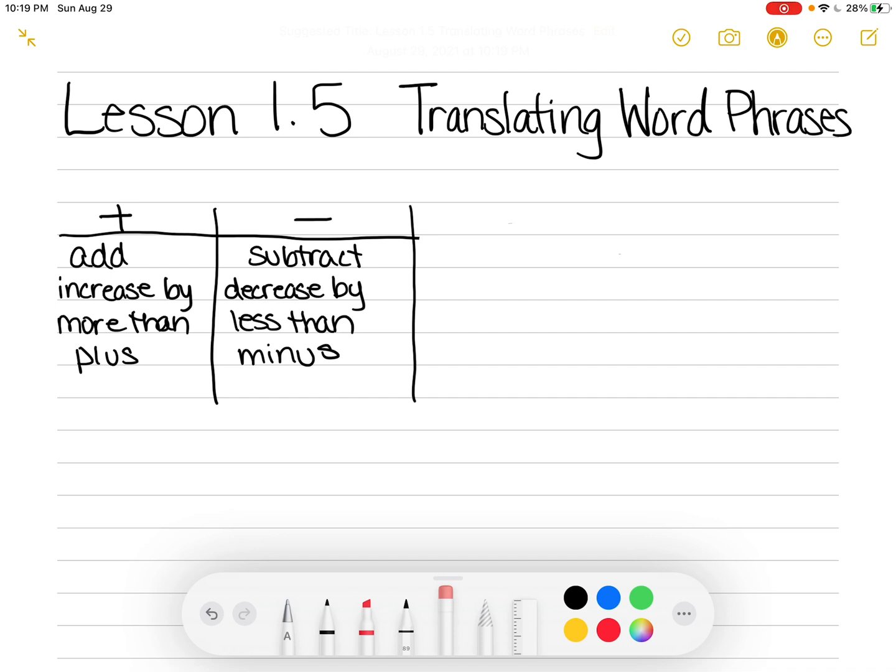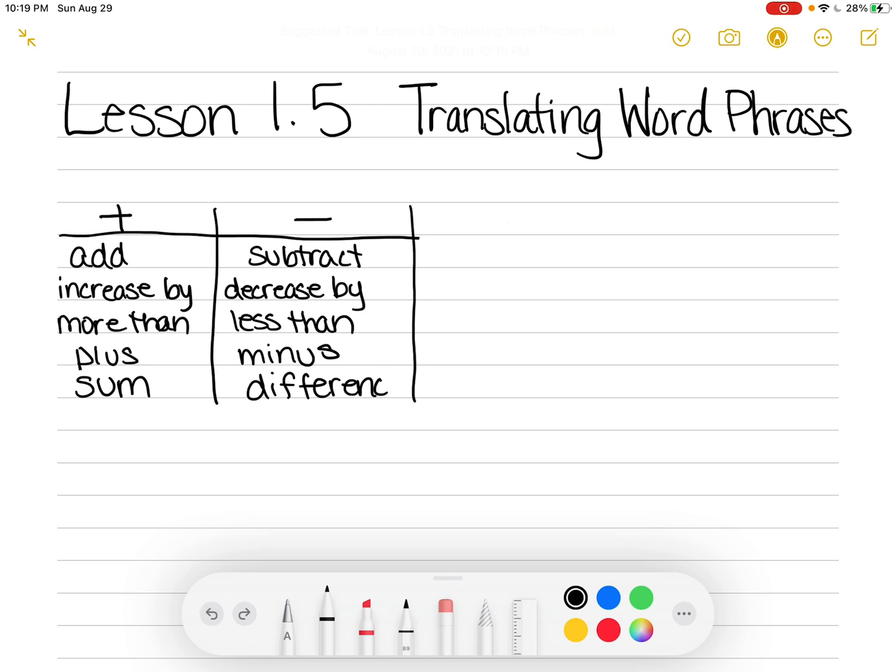Okay, so the other word that a lot of kids don't know, although some of them have heard it before, but then they don't remember it, is that the answer to an addition problem is the sum. So sum is one of them, and the answer to a subtraction problem is the difference. So if someone asks you, hold on, you do not need to write this.